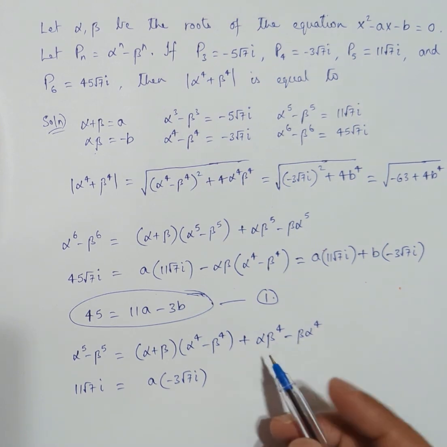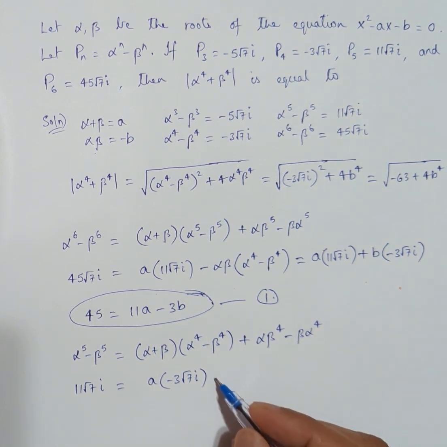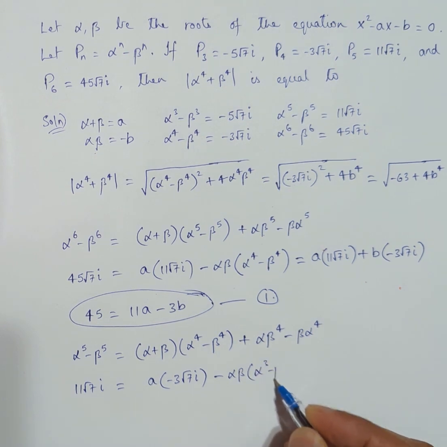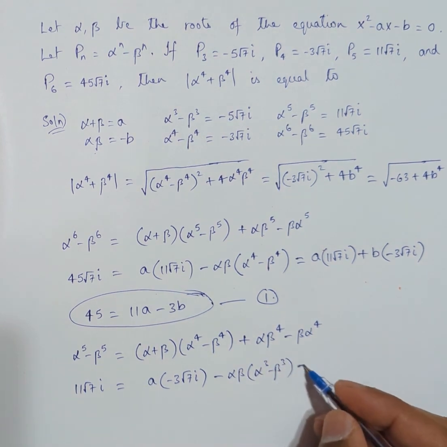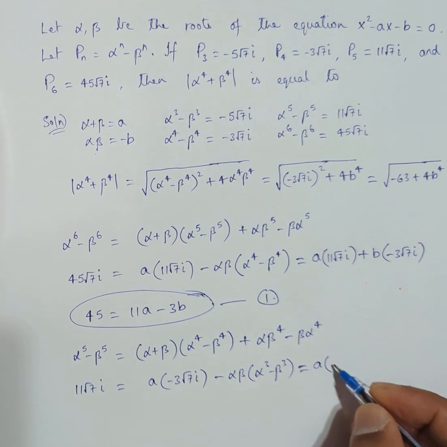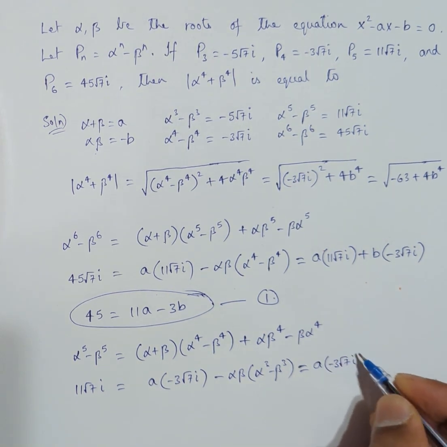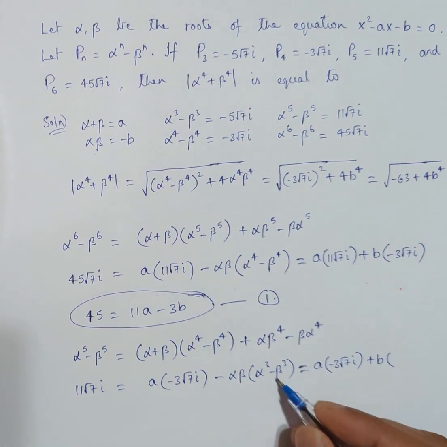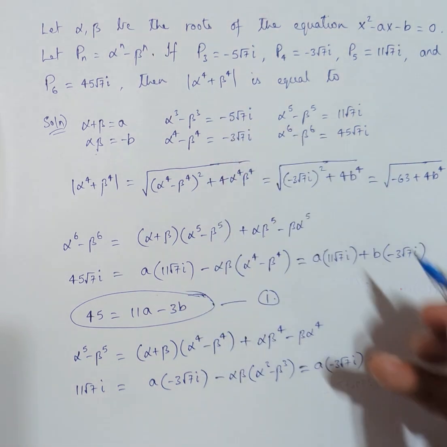And again, here you want to factor out minus alpha beta. That way you would get alpha cubed minus beta cubed. So let's go ahead and expand this. You get a times negative 3 root 7i, minus alpha beta is plus b, times what is alpha cubed minus beta cubed?